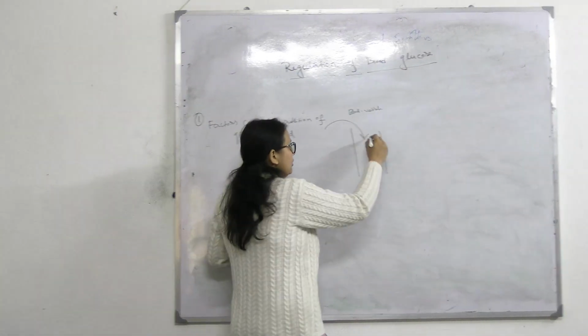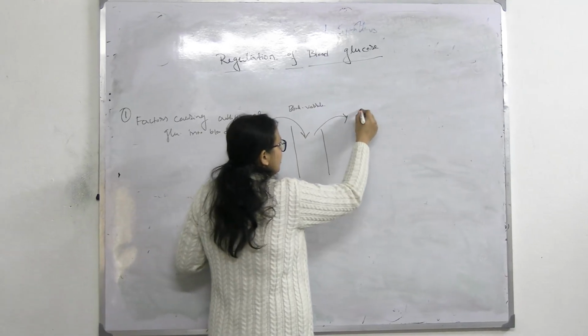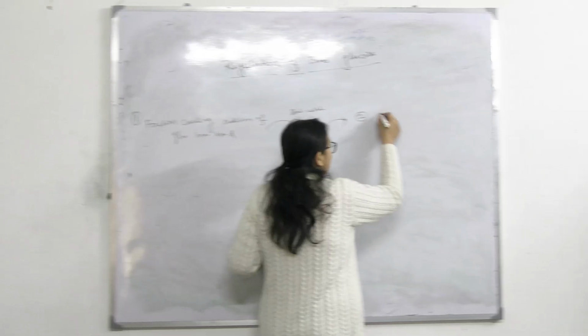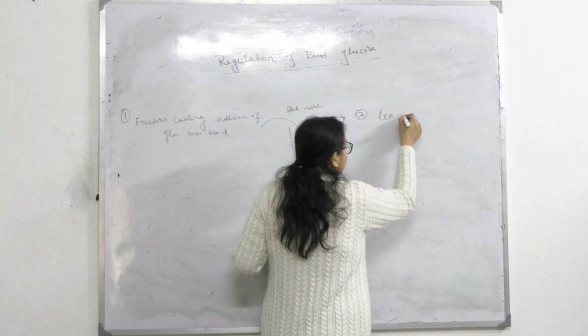Number two, factors causing leaving of glucose from the blood.